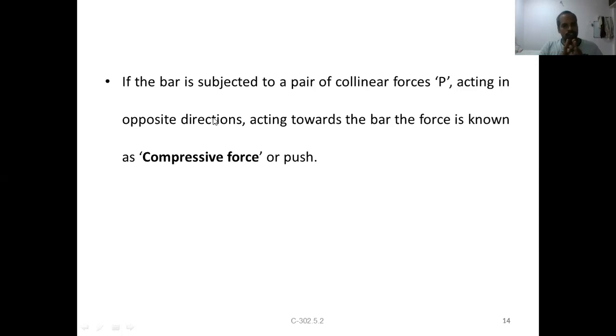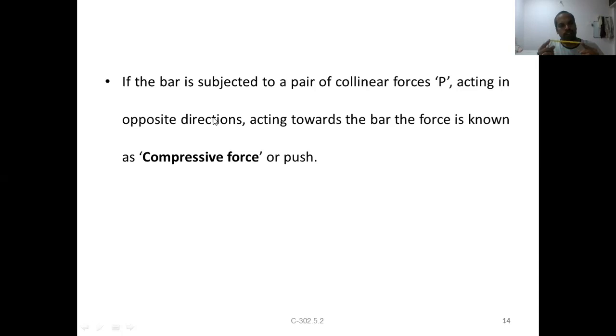In the previous case it is away from the bar. Towards means approaching towards each other. Away from each other, towards each other. Towards the bar, the force is known as a compressive force or push. This is nothing but pushing.